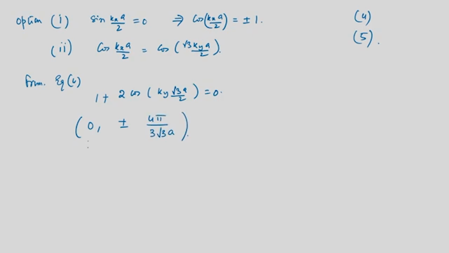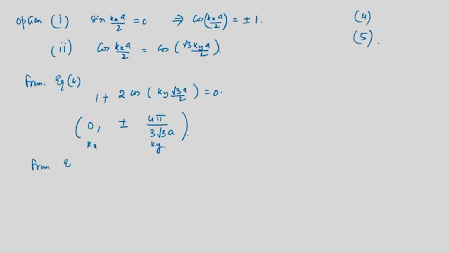So, this is k_x and these are k_y. I get 2 points: 0, 4 pi by 3 root 3 a, and another, 0, minus 4 pi by 3 root 3 a. These are the 2 points that we get from option 1.